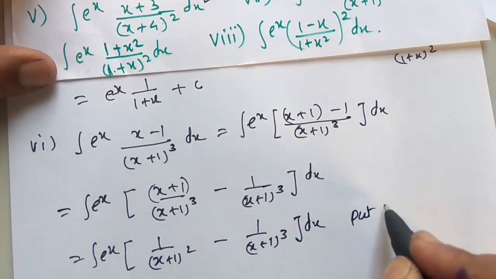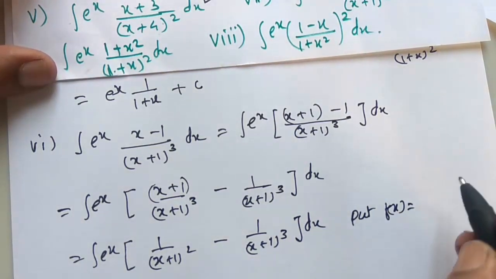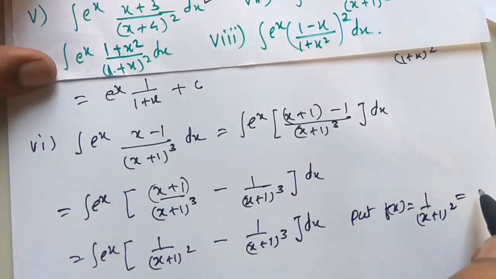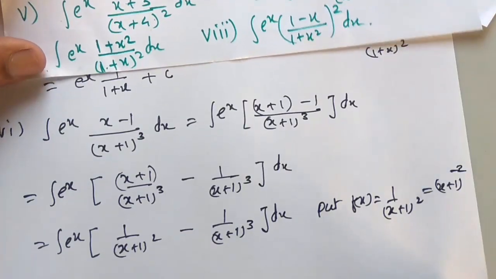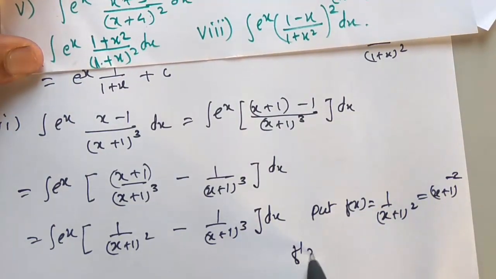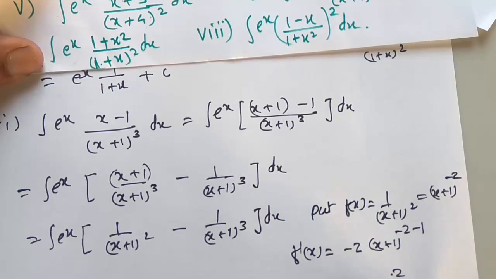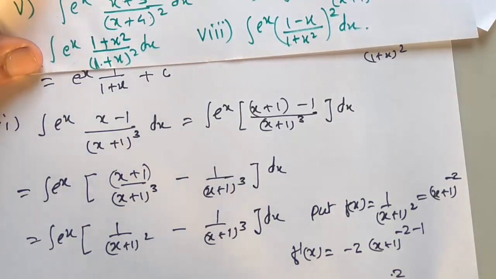Now if we take f of x is equal to 1 upon (x plus 1) whole square, which is equal to (x plus 1) raised to minus 2, so its derivative is minus 2 (x plus 1) raised to minus 2 minus 1. So it is minus 2 upon (x plus 1) raised to 3.